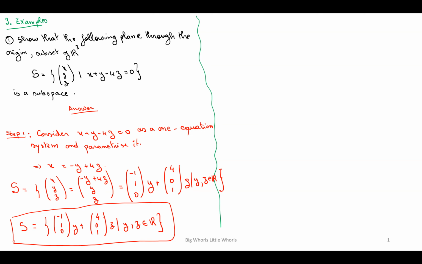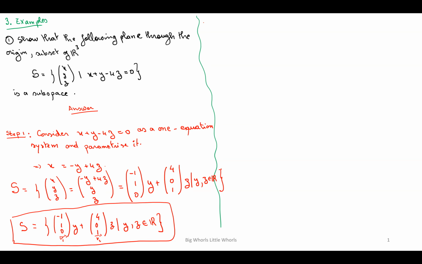As you can see, our S is the linear combination of two vectors. This is our vector 1, this is our vector 2, and y and z are scalars.